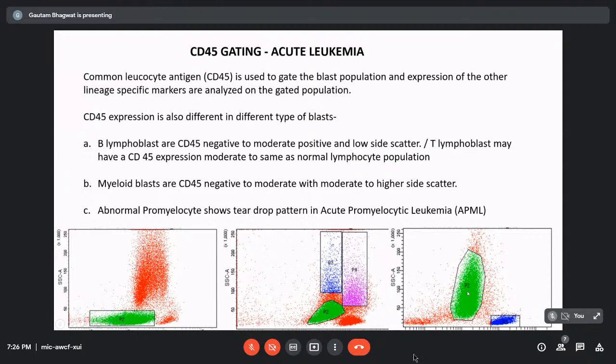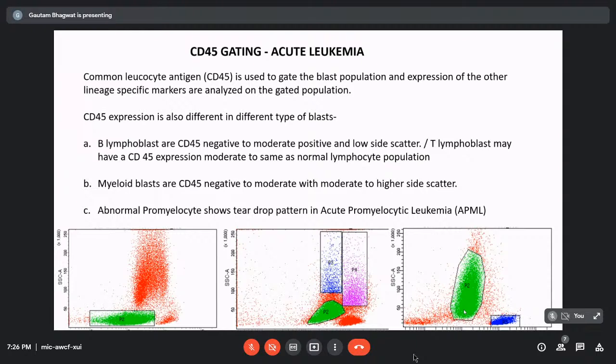And the APMLs, or the acute promyelocytic leukemias, or the FAB classification AML M3s as they were known. These would have a classical teardrop-like blast population, which would be again moderate to dim CD45, but the side scatter would be moderate to high, because we all know APMLs have lots of granularity, brightest MPO positivity, the myeloperoxidase activity, and we may also see multiple Auer rods, what we call faggots, in our morphology.